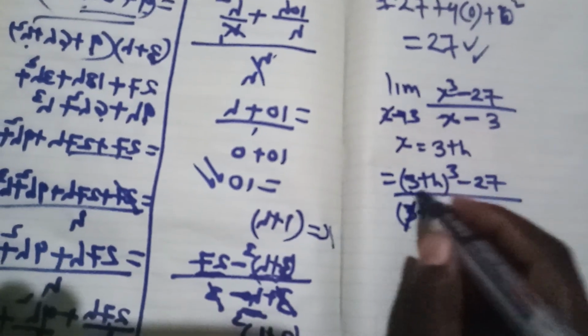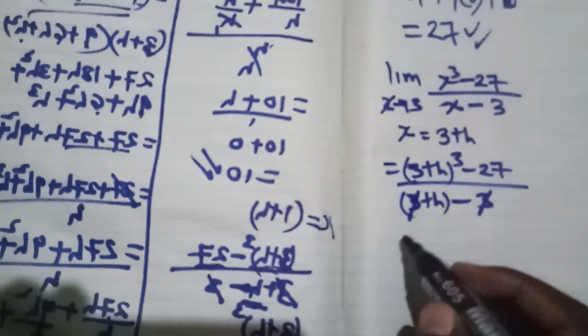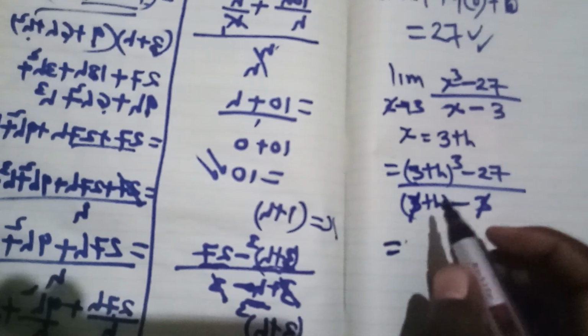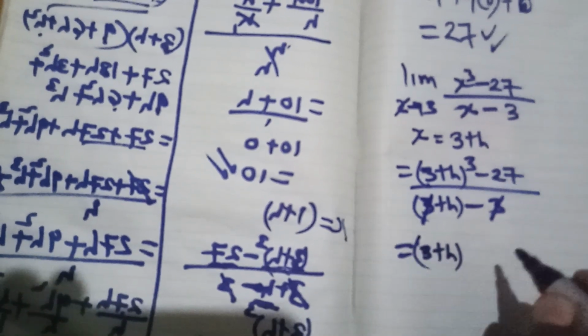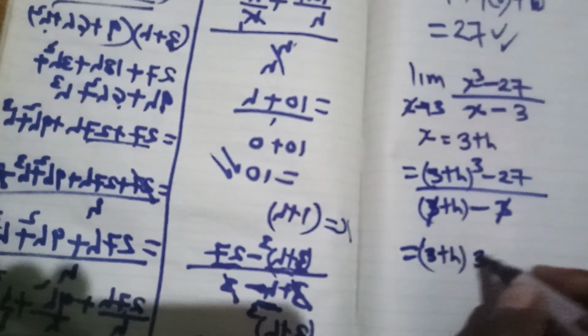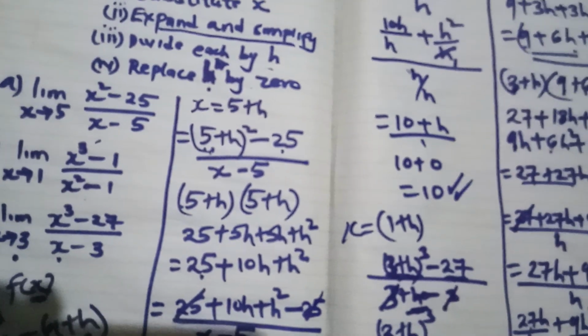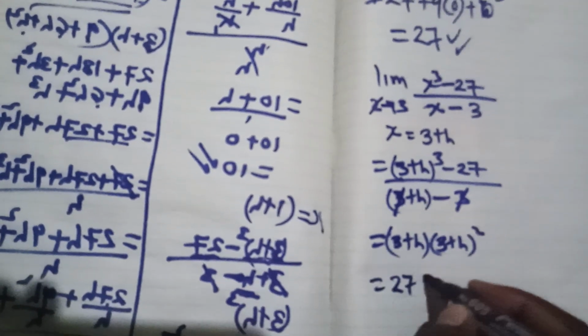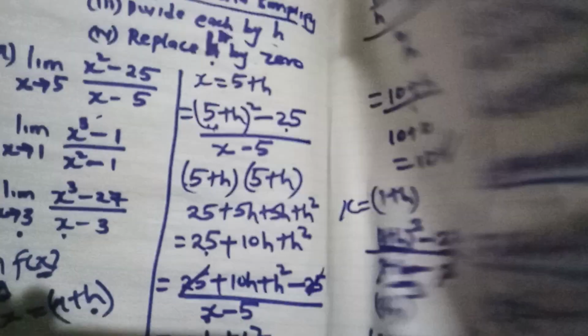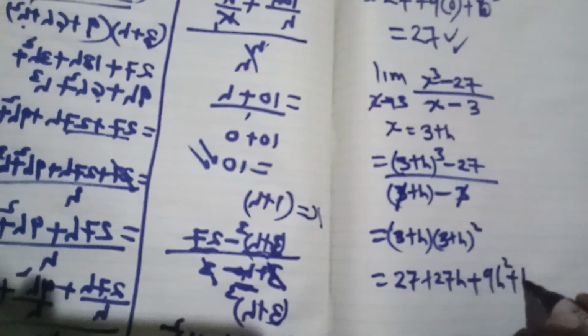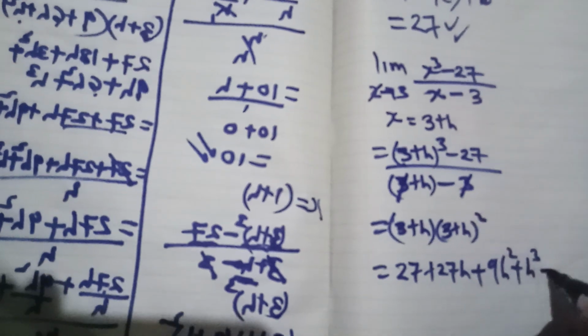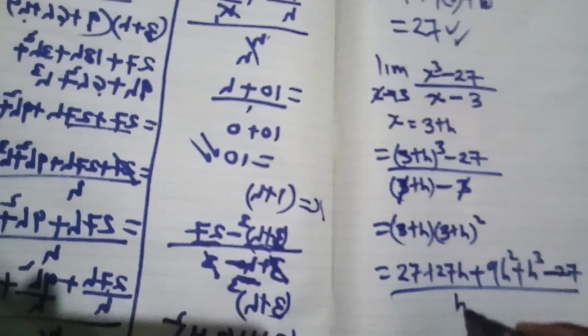So we'll have to expand 3 plus h cubed. That thing we calculated and we found it to be 27 plus 27h plus 9h squared plus h cubed. Now minus 27 out of h.